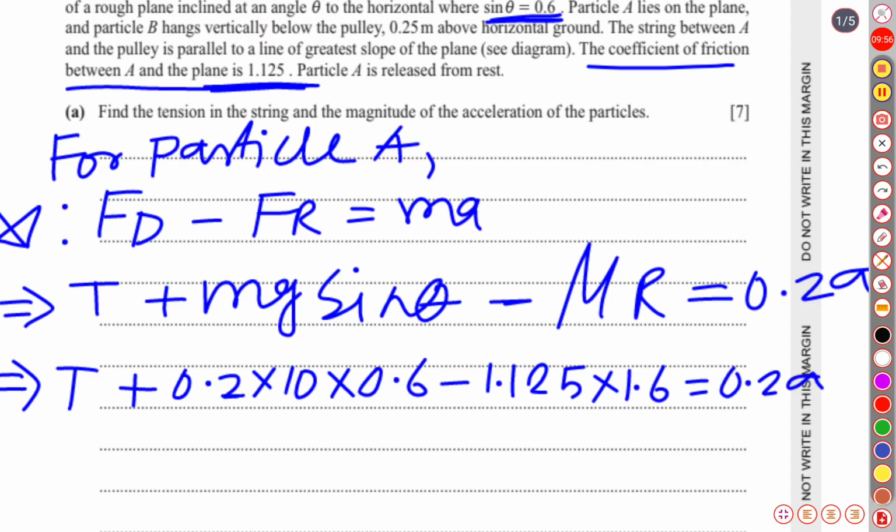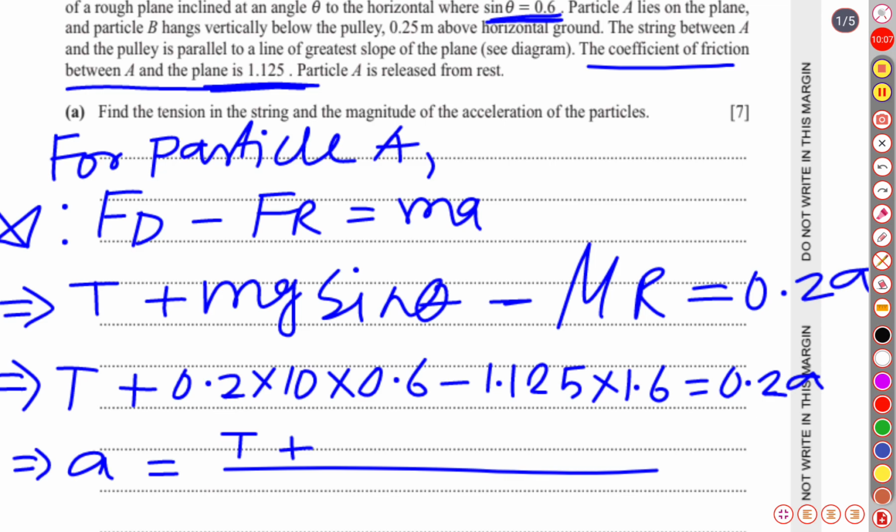So if we isolate our acceleration, it is going to be a equals tension, which remains unchanged, plus, if we multiply all of this, 2 times 10 times 0.6, it is 1.2. So let us write directly, it is 1.2, and the negative one, if we multiply 1.125 by 1.6, it is going to be 1.8.